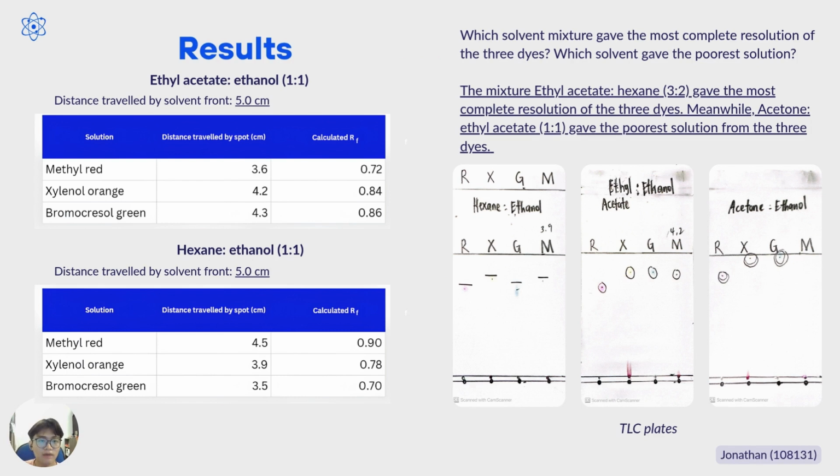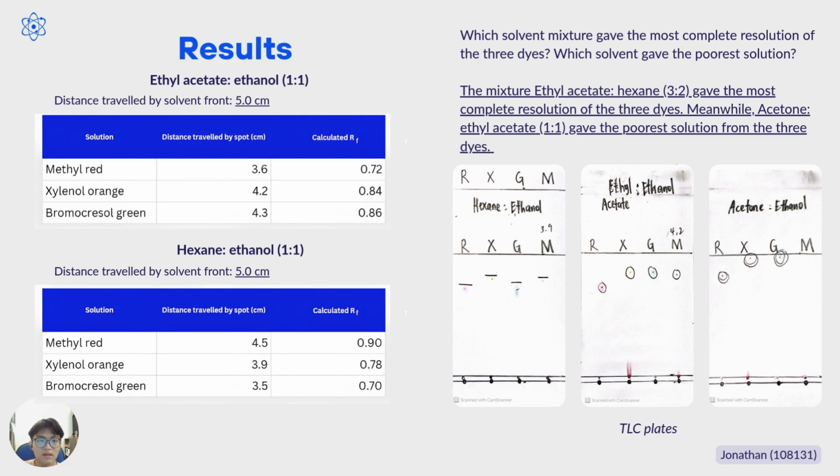So next we have the ethyl acetate to ethanol at a ratio of 1 to 1. The dyes migrated significantly up the plate, resulting in close RF values between 0.72 and 0.86.